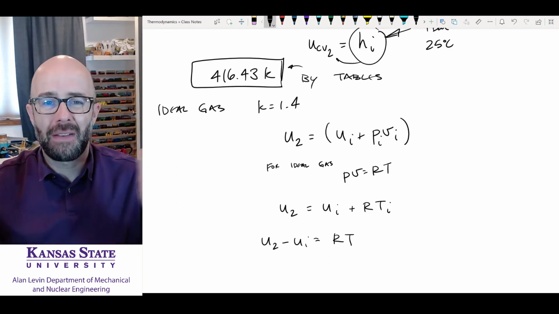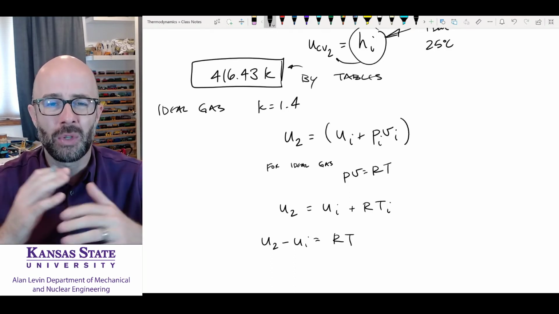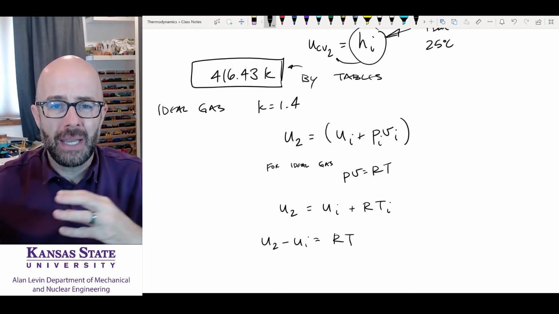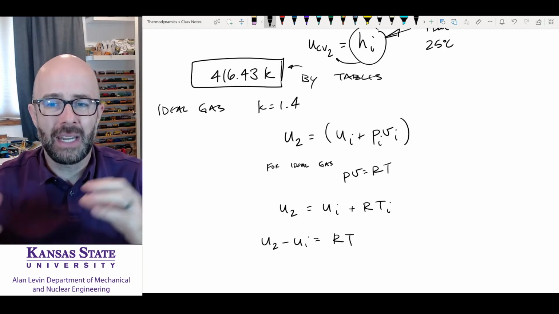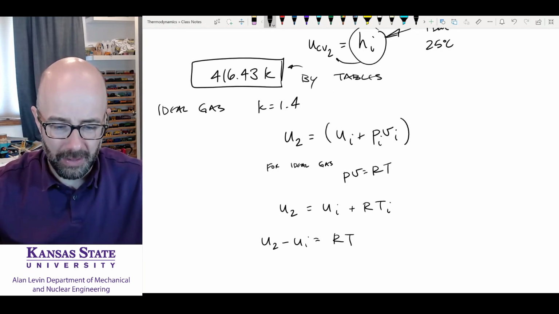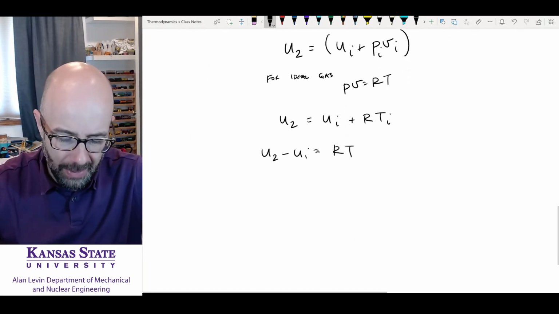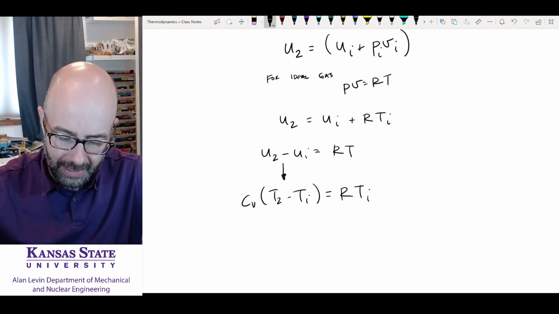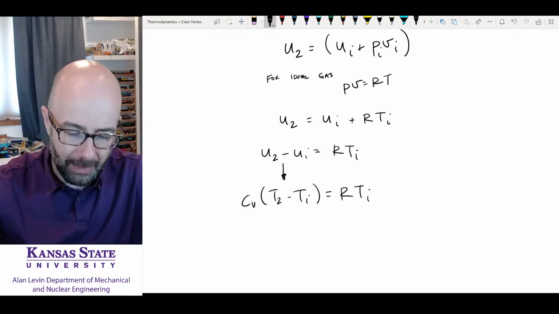I want to get something where I have a delta u, remember, because when I'm using those constant specific heat methods, I know that I have C_p delta T, C_v delta T. I have to have a delta u that equals those things. That works for us now, because this can be equal to C_v times (T2 minus T_in) is equal to R T_in. That's good because I'm looking for this T2.